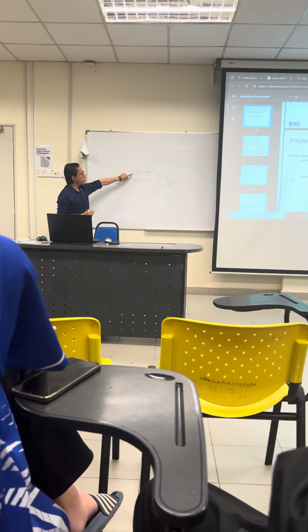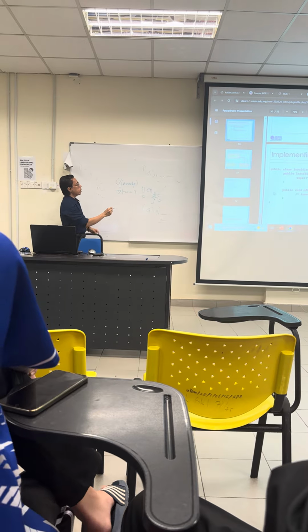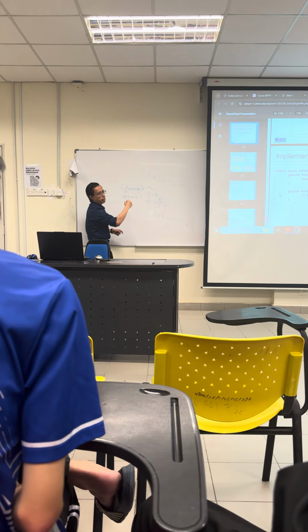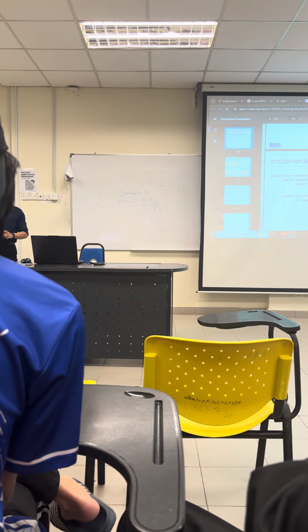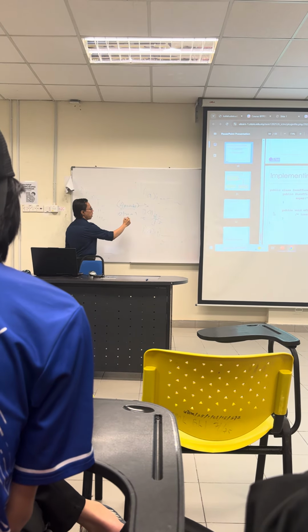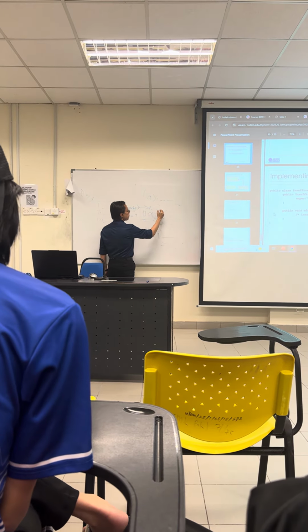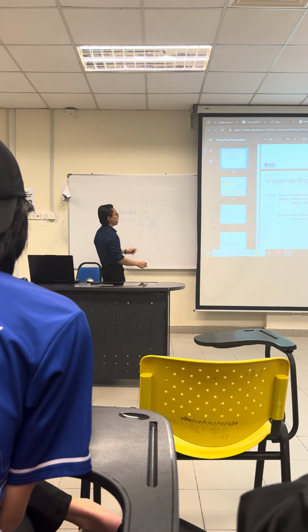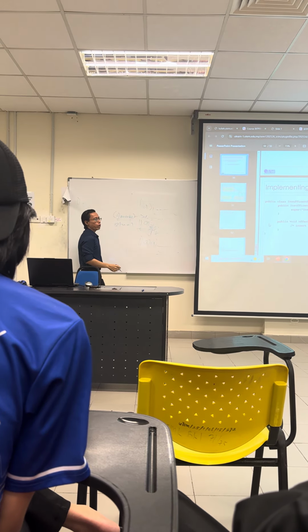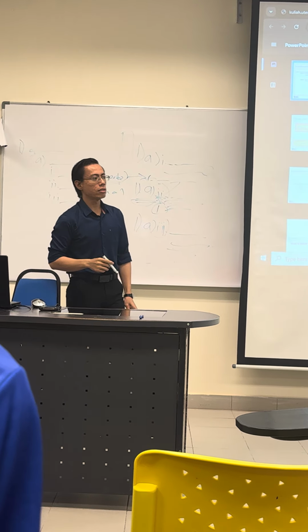Because last semester when I checked, this one question was 4 marks, but the student only wrote 1 sentence, and then I just gave 1 mark. Maybe he put 1 sentence quite long, and I think that one can get 3 marks, but I don't know, so I just give you 1 mark.